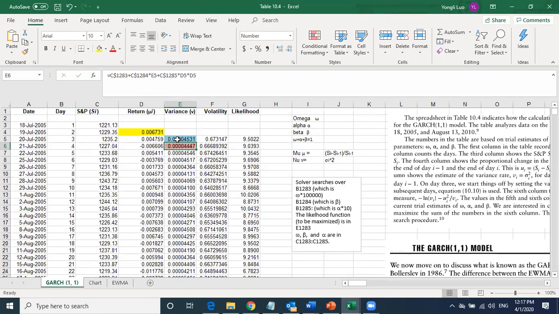You see E5, which is the previous day's variance, and D5 is the previous day's return. The weights are alpha and beta, and the first part is called the long run variance. It's very important that you make sure this formula is correct, and then you drag it all the way down.